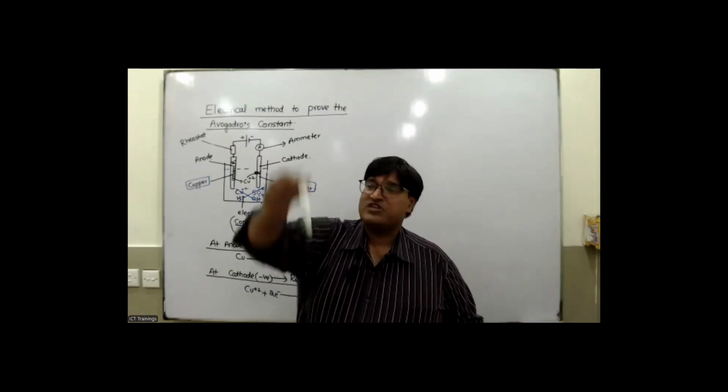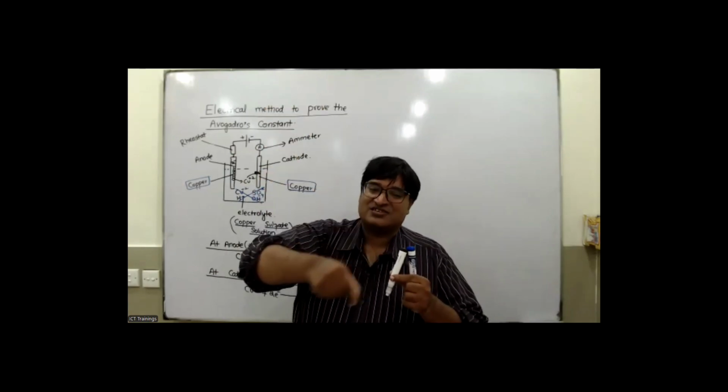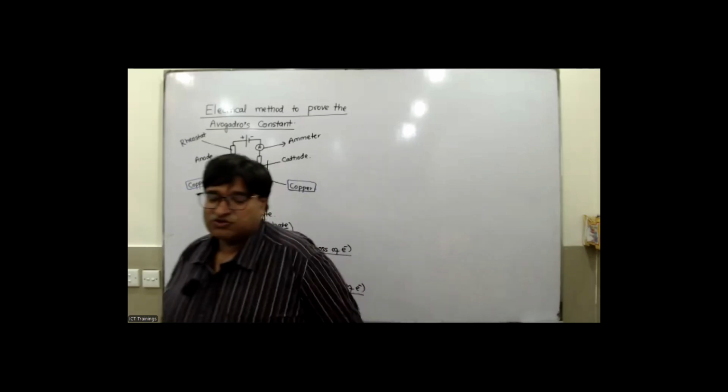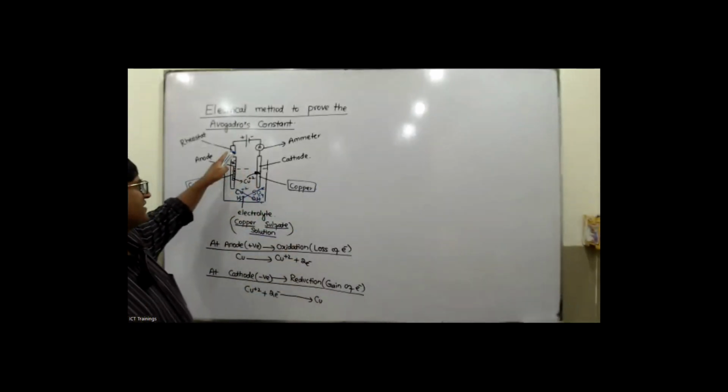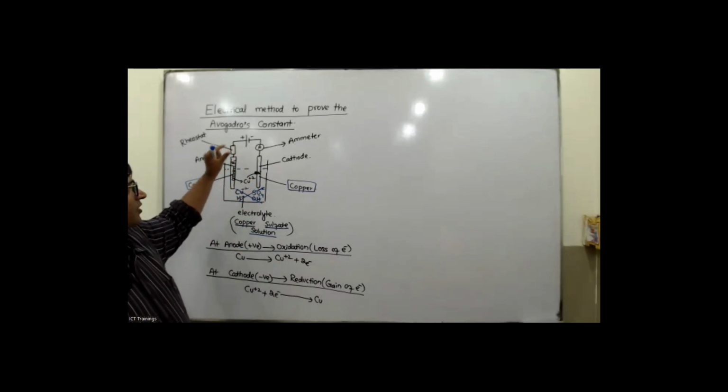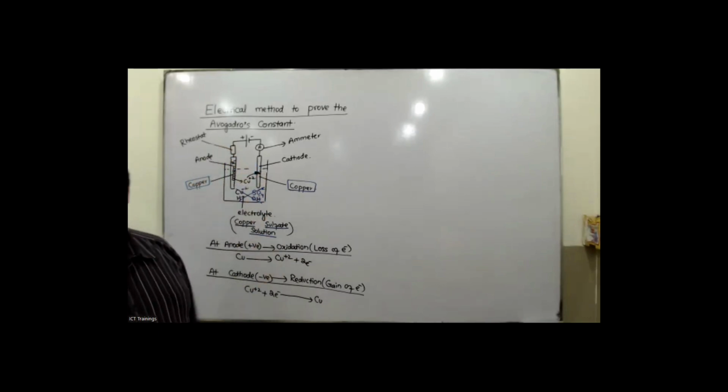If you remove the copper cathode, there are chances that the copper layer would flake off. Did you get it? That is why we put the rheostat up there, so that less current passes and the deposition of the copper on the cathode is very slow. Did you get it?